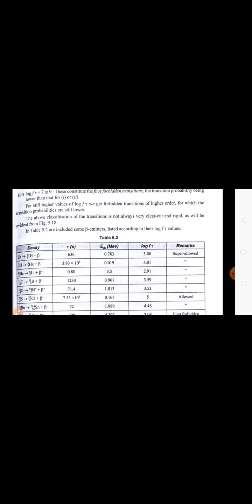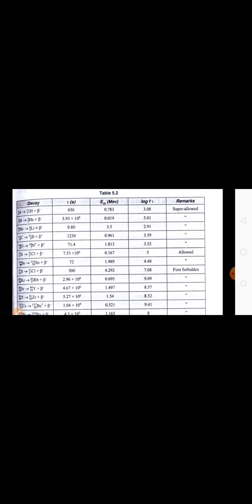While solving the derivation you will understand, because it looks tough but is very easy to solve. The log Ft value, the product of f and t, is called the comparative half-life. Whatever topic we discussed today may come in the exam for 8 or 10 marks. Please do remember. Up to this, I hope you are clear with the subject.